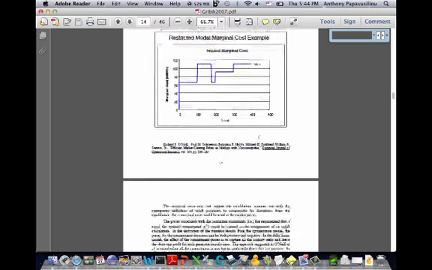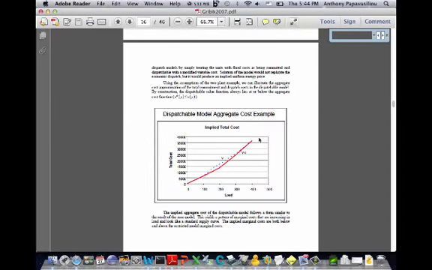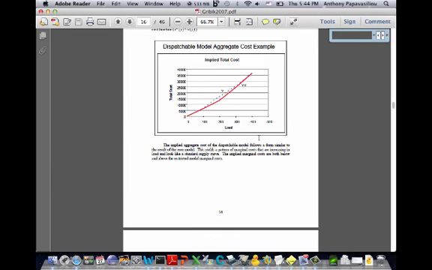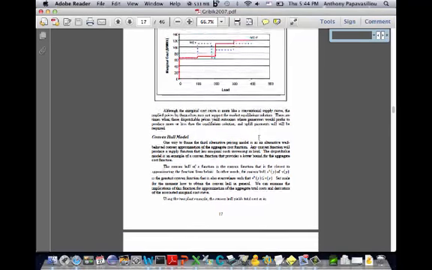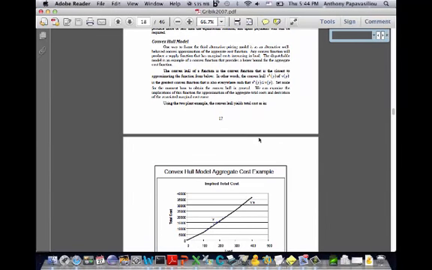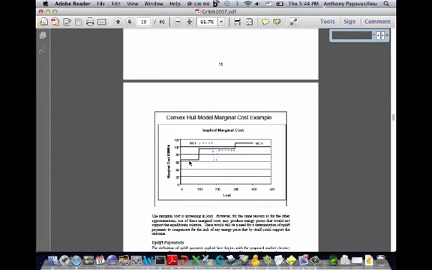So the first approach I showed you, which is called restricted dispatch, okay, this is the convex hull model. So these are the prices generated by the convex hull model, and they look something like the black line over here.